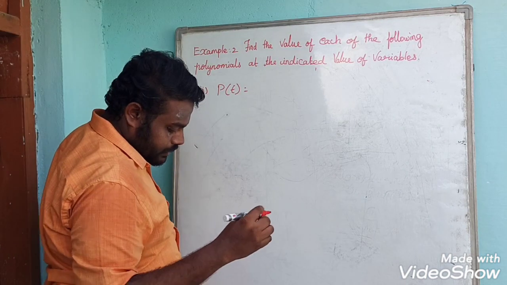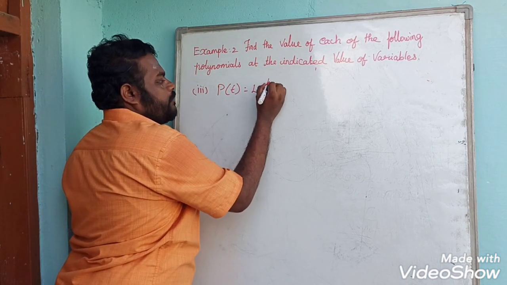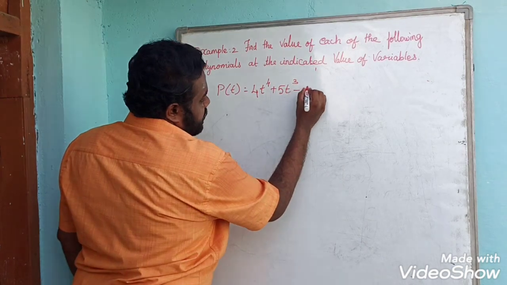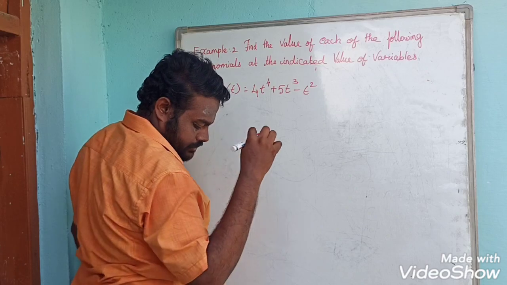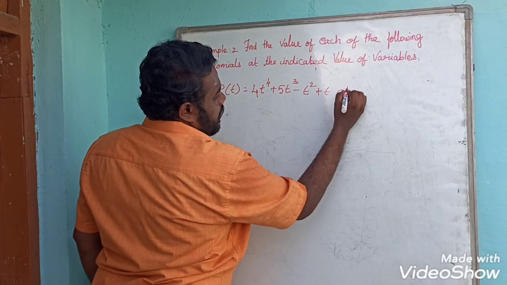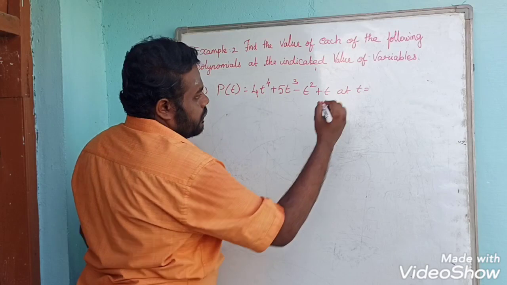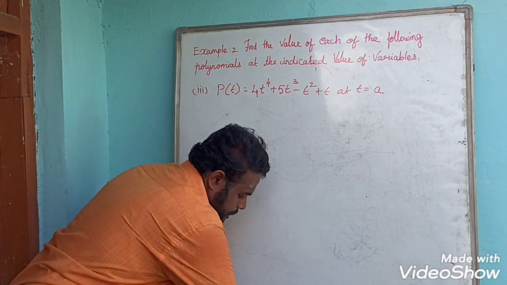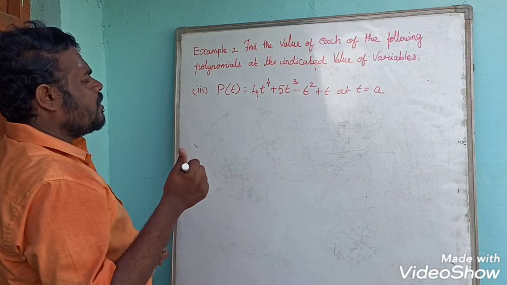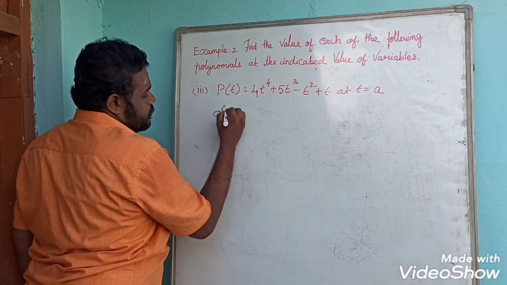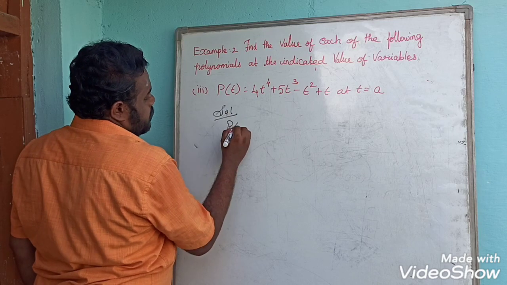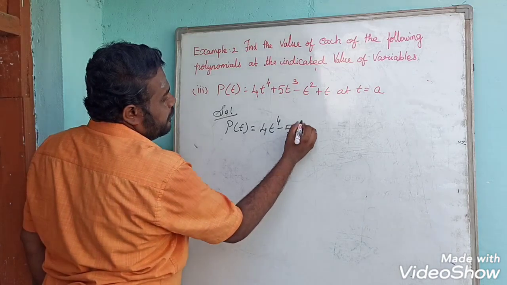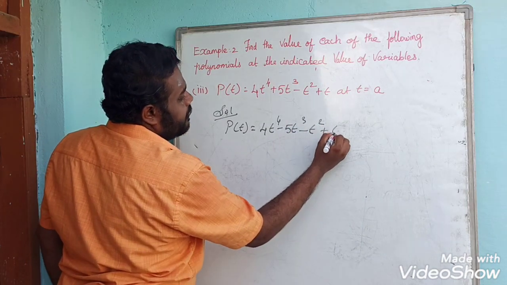So p of t equal to 4t power 4 plus 5t power 3 minus t square plus t at t equal to a. Here in this expression all the variables are t. So as usual, we have to find out the value. So p of t equal to 4t power 4 minus 5t cube minus t square plus t.